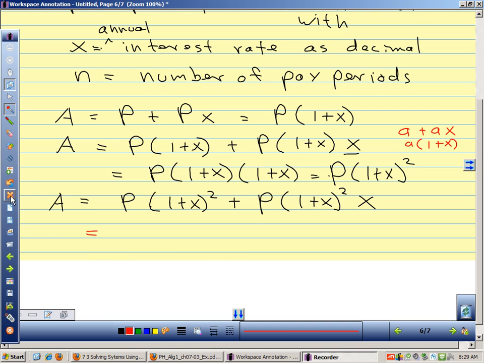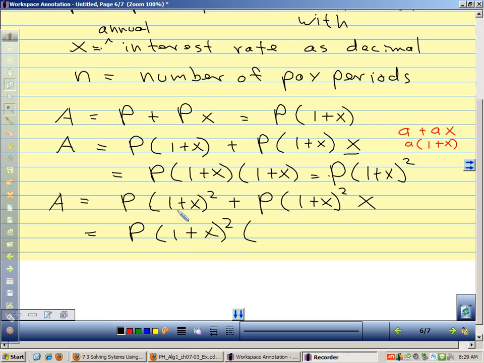This next time, after the third compounding, I'm going to do the same thing I did before. I'm going to factor out P times 1 plus X squared. So I get P times 1 plus X squared times 1 plus X, just like I got before. This time I'm taking out P times 1 plus X squared.